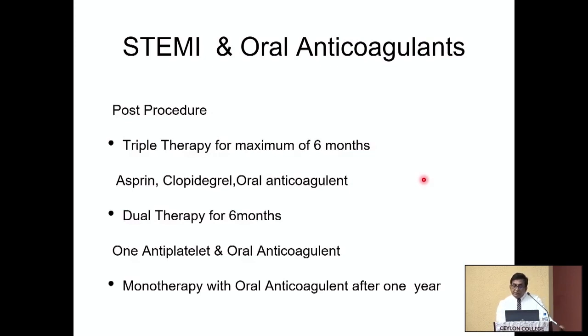After primary PCI, triple therapy is given for a maximum of 6 weeks, though we try to minimize it because of the high bleeding risk, particularly in elderly people or renal failure patients, where we reduce the dose. After 6 months you move to dual therapy, antiplatelet and anticoagulation. After 1 year, you continue only anticoagulation therapy.